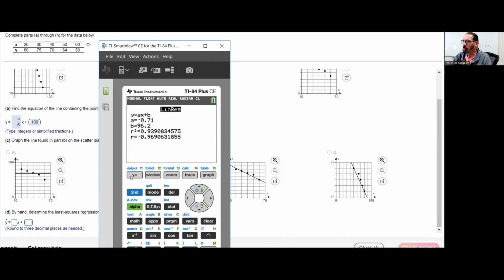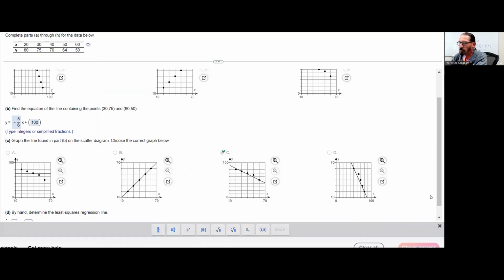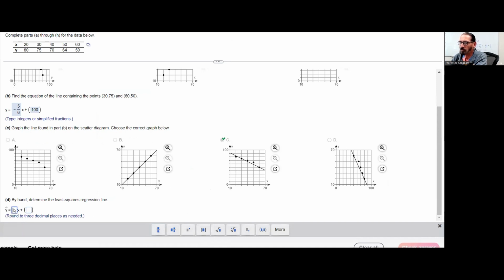And when we calculate, it's giving us a slope of negative 0.71. It does not even go 3 places, so I don't need to do any rounding. And a y-coordinate of the y-intercept of 96.2. So notice that negative 5/6 is negative 0.83 repeating.